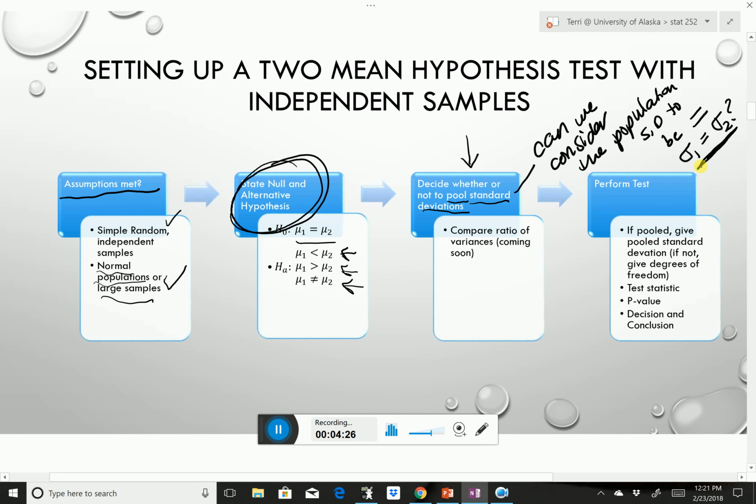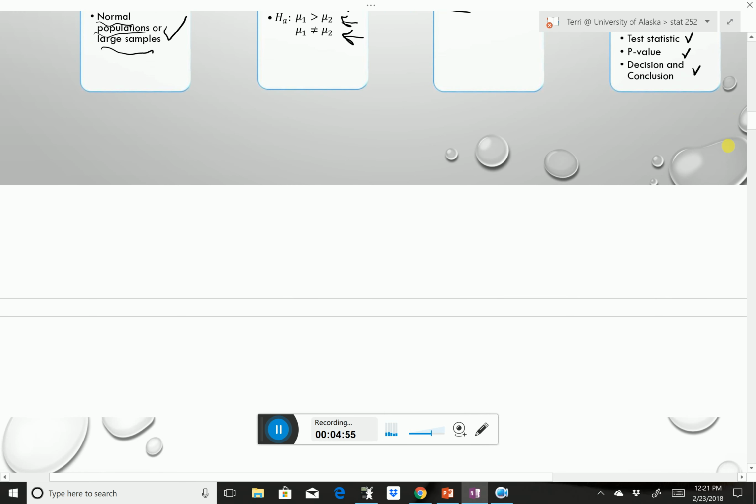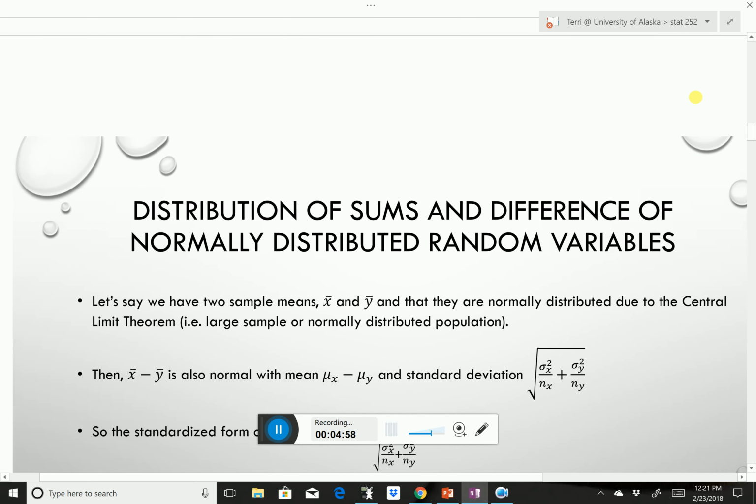Or do we have reason to believe that they're not? If we have reason to believe that these two are not equal to each other, then we cannot pool. We'll talk about that in a little bit. If we do pool, when we perform the test, we give the pooled standard deviation. If not, we give the degrees of freedom. This is coming soon. Then give the test statistic, the p-value, a decision, and your conclusion in words.